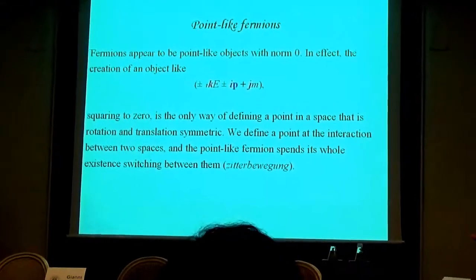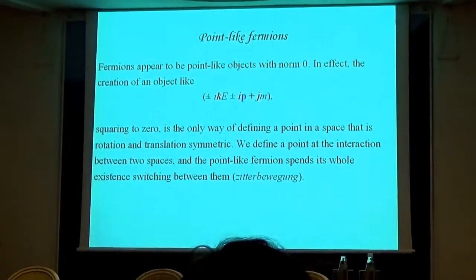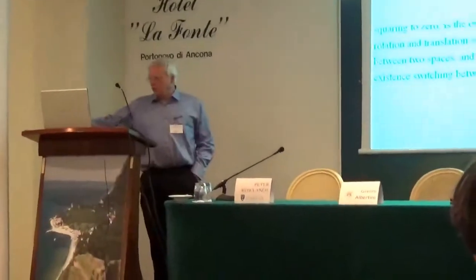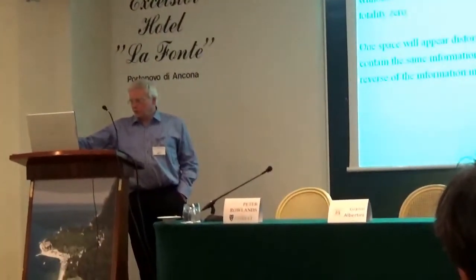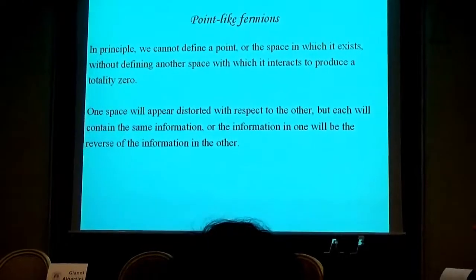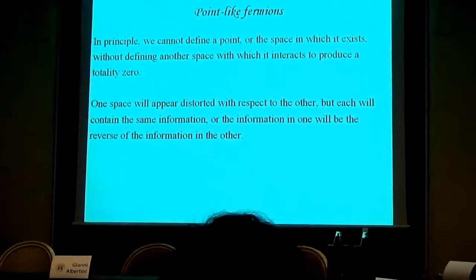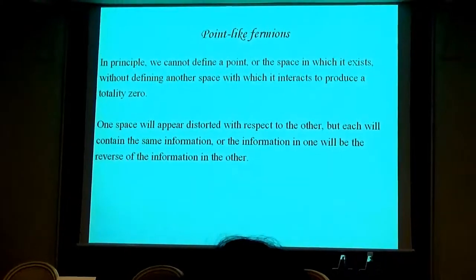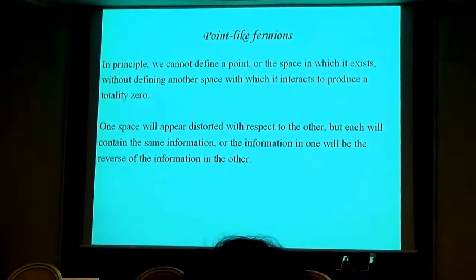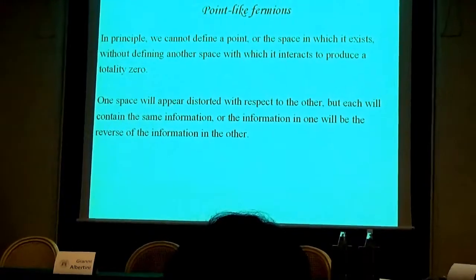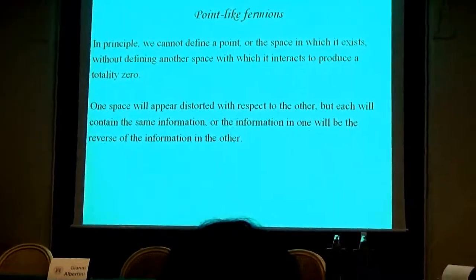Zitterbewegung, Schrödinger's solution of the Dirac equation for the free particle, produced this term Zitterbewegung, switching between them, which then led to the mass term of the equation. So we can't define a point without defining another space in which it exists and with which it interacts to produce the totality zero that we always want. And one space will necessarily appear distorted with respect to the other. It's only when we can lay them out side by side that we can see that they have the same information. But on our normal viewing, one will be distorted.